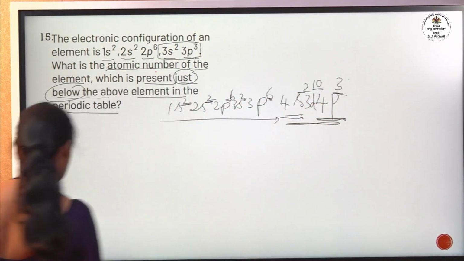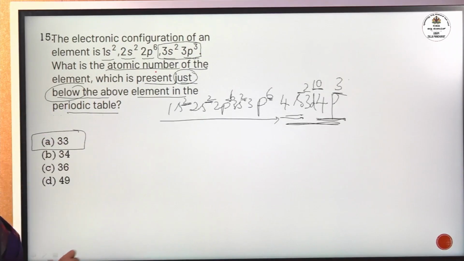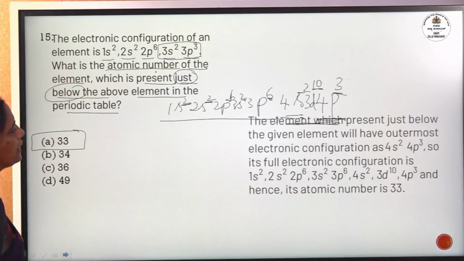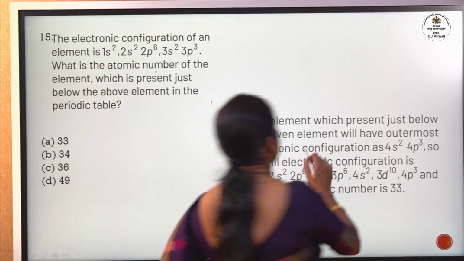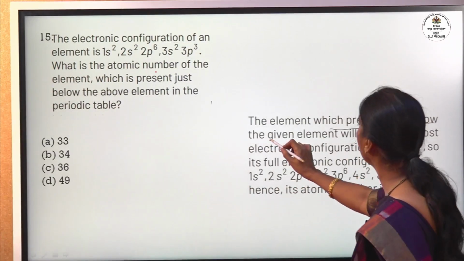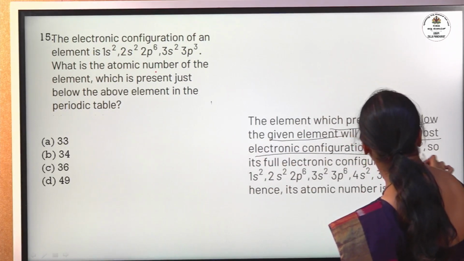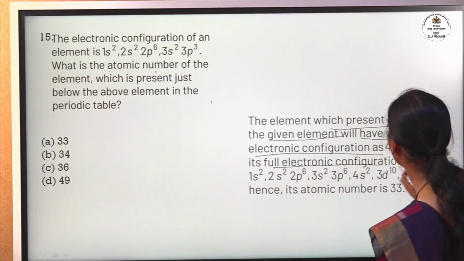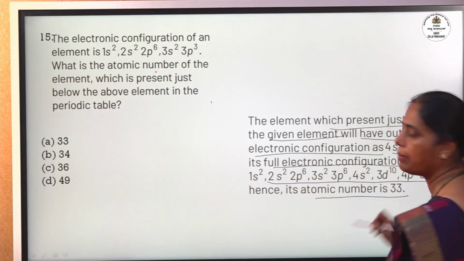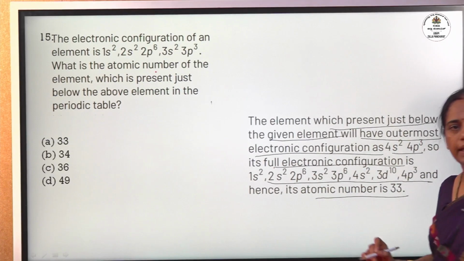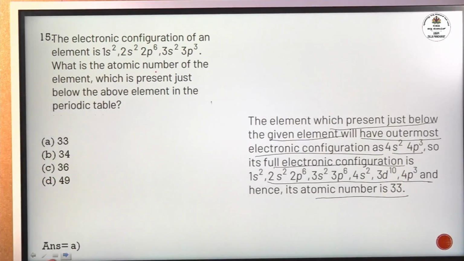We'll check the options. 33 is the correct answer and option A is the correct one. The element just below the given element will have outermost electronic configuration 4s2 4p3, so the atomic number becomes 33. We will move on to the next question. So answer A is the correct one.